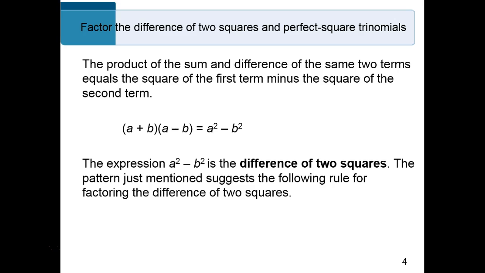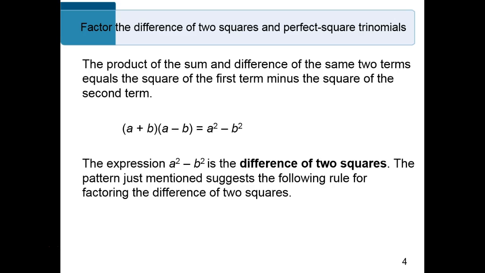Does anyone know 11 squared? 121. Excellent. And 12 squared? 144. You might know some more. Write as many as you want to. But recognize these as your perfect squares.